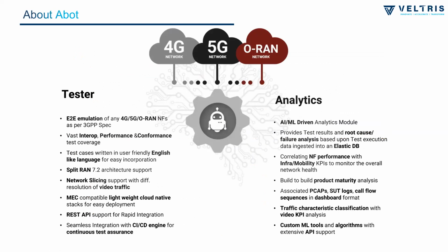So again, with A-bot as a test tool, we can do end-to-end emulation on the 4G, 5G, and the RAN side, capable of 3GPP specs. It looks at performance and comprehensive test coverage, and it's very friendly, writing in English. So it's not like you need to learn something new, and you get support from the O-RAN 7.2 as well. Very searchable.